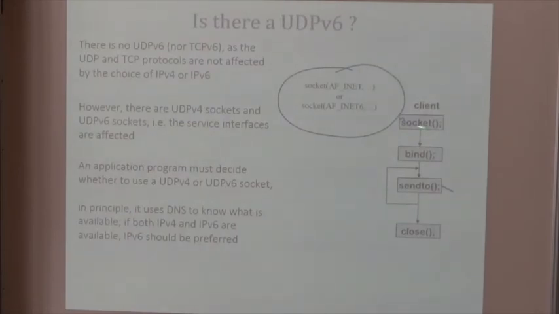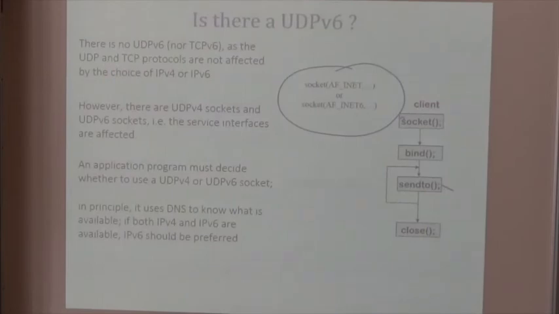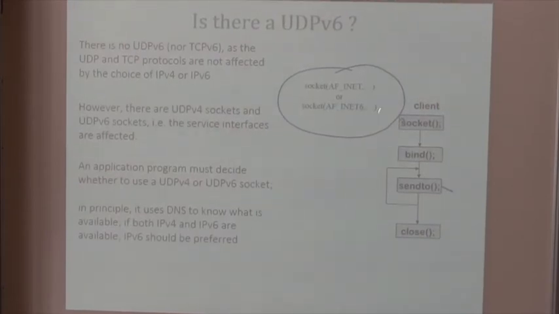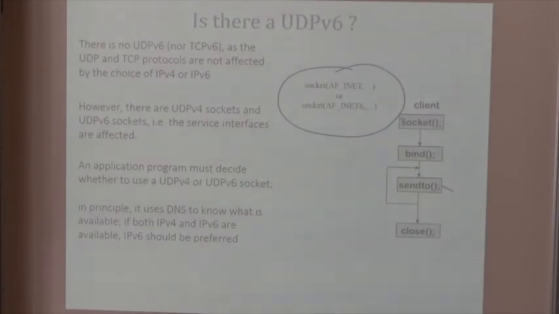So the addresses are visible to the code, even if we have a nice layering of things. And the downside of it is that the sockets have to be aware of IPv6. So there are 3 types of sockets you can use. You can use IPv4 sockets, IPv6 sockets, or on newer systems, you can use socket interfaces that are able to use either IPv4 or IPv6. You will be able to exercise all this in Lab 3.